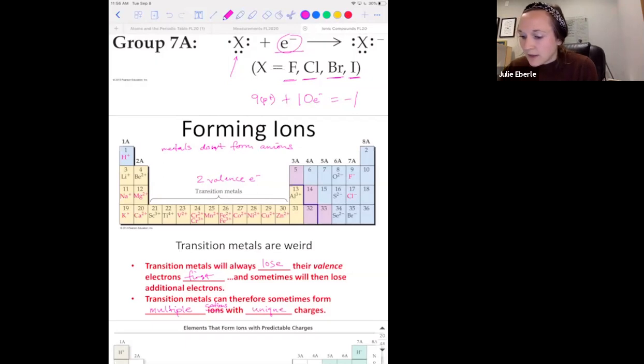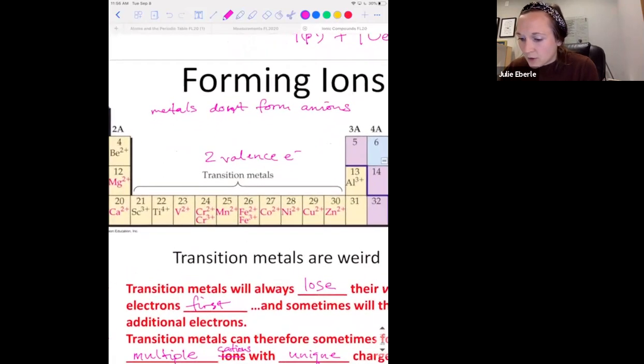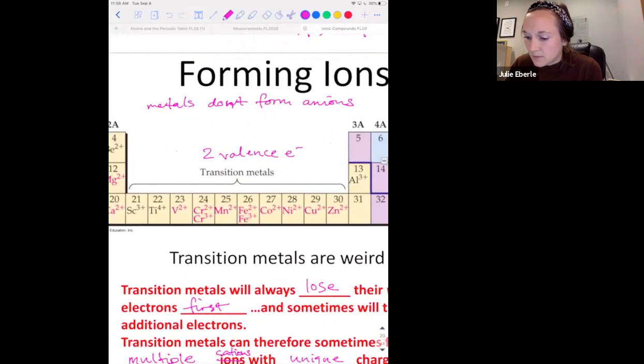Let's look at some examples of that. If you zoom in just on the first row, you see some. A +3. I think this is titanium right here, +4. Vanadium is a +2, but look right here, Cr, this is chromium. Also, you see the same thing with iron. They can form multiple cations. You can have an iron +2 cation.